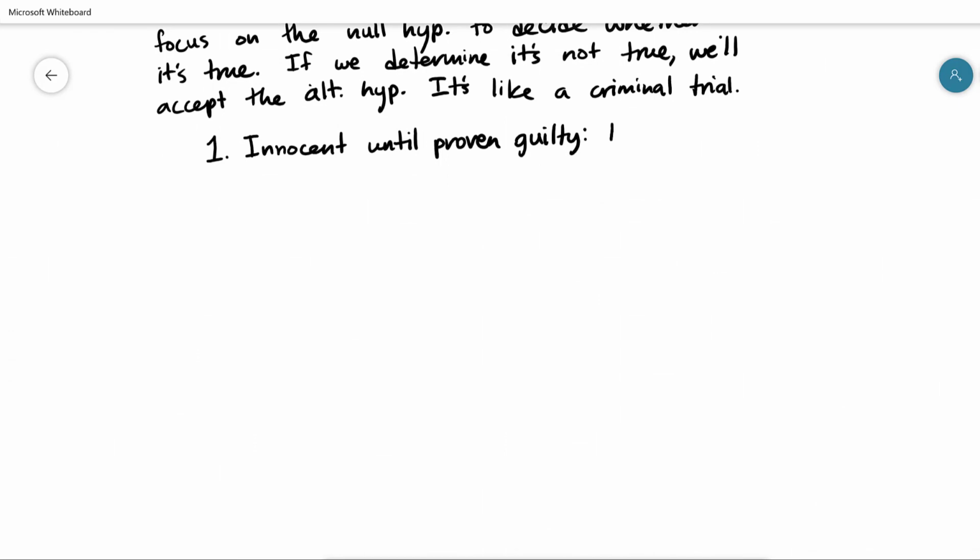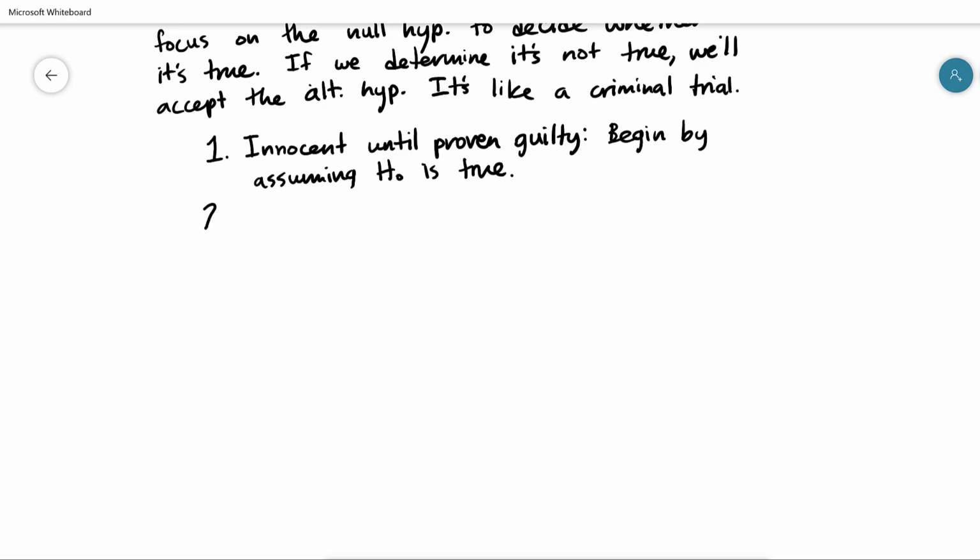H naught being true is the idea of being not guilty, that nothing weird has happened, they didn't do anything, and then we're going to examine the evidence to see whether or not we can keep in good conscience the idea that this person is innocent or that this statement is true.